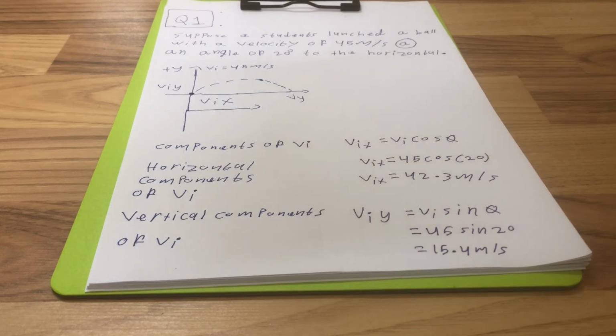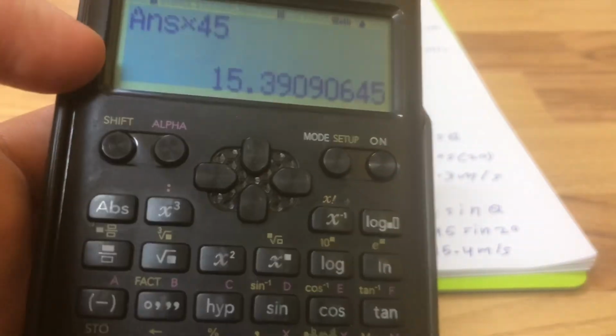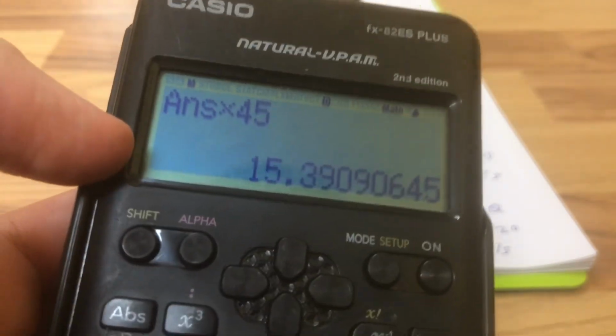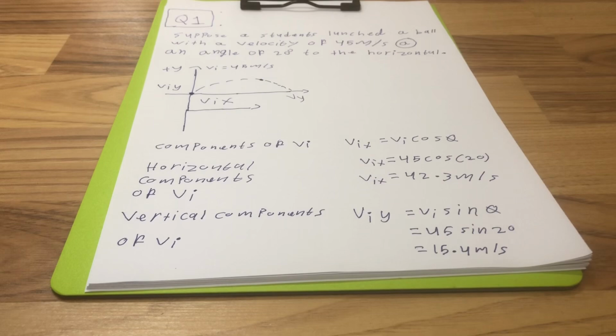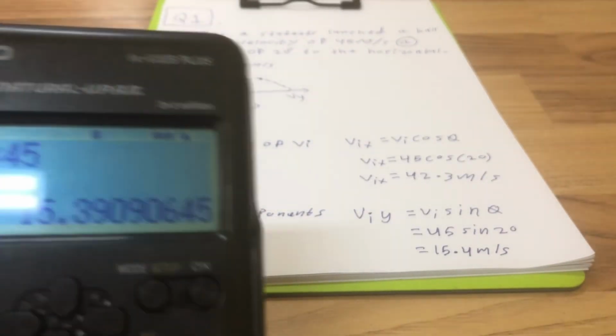Sine 20 times 45, the answer is 15.39, but rounded it is 15.4 meters per second. And if you don't like rounding, keep the answer as 15.39.